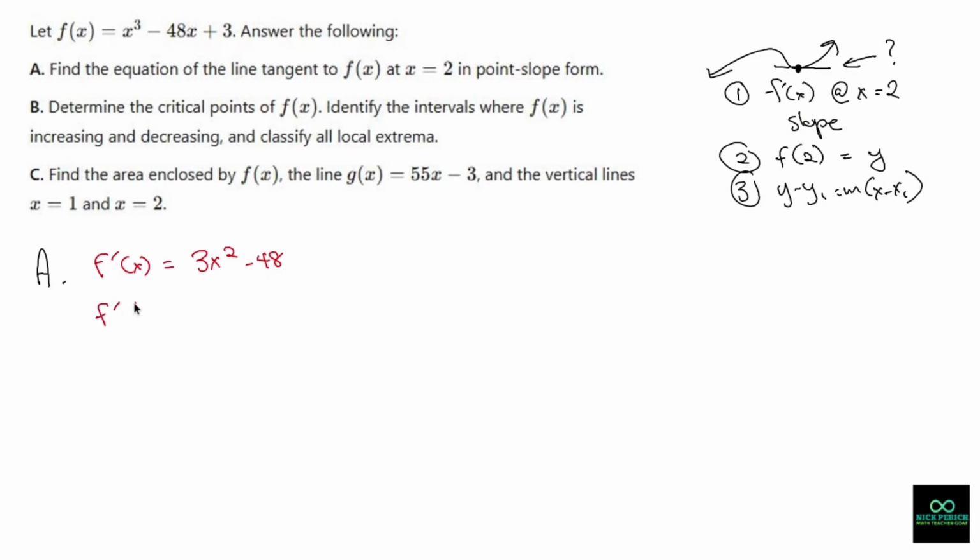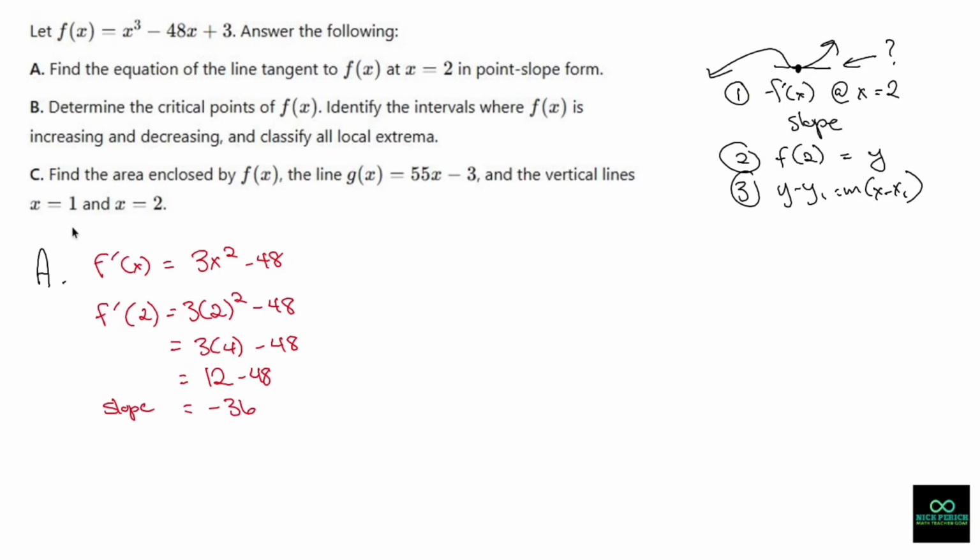F prime of 2 is going to be 3 times 2 squared minus 48, which is going to be 3 times 4 minus 48, which is going to be 12 minus 48, which is going to be, holy crap, negative 36. So our slope is negative 36. Okay, so that's part 1.